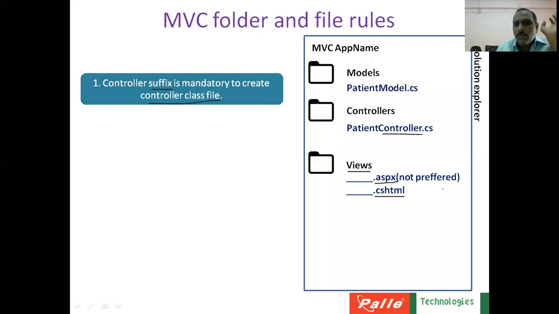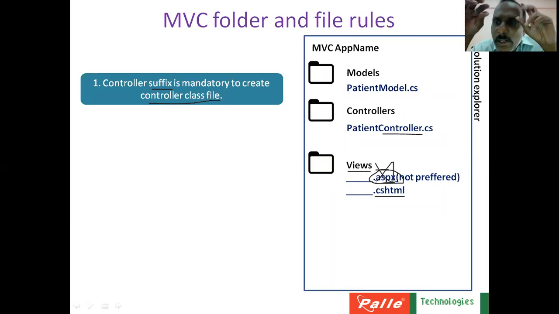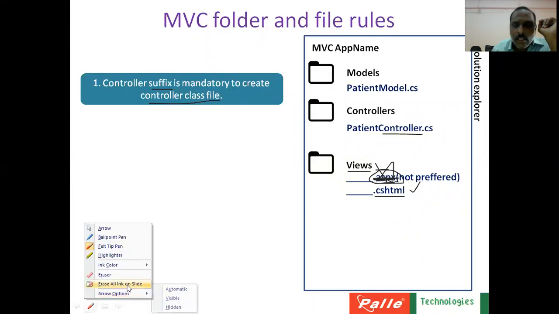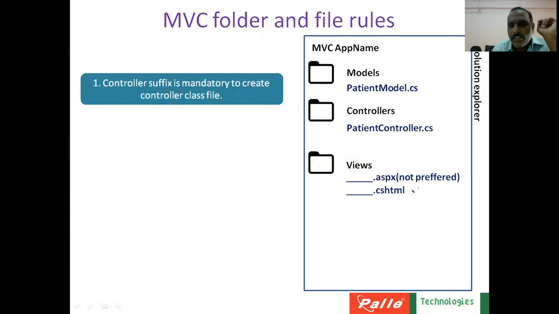Now, remember in MVC, it is not recommended to use .aspx files. Only in ASP.NET it is recommended to use .aspx files. When it comes to MVC, it is strongly recommended to use .cshtml files. Don't go for .aspx.